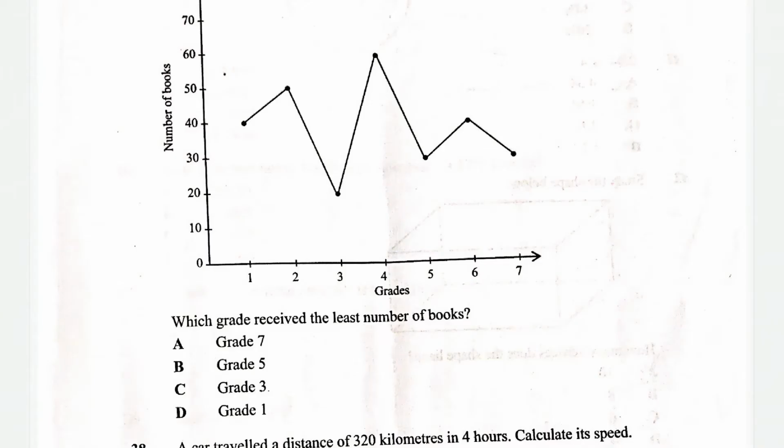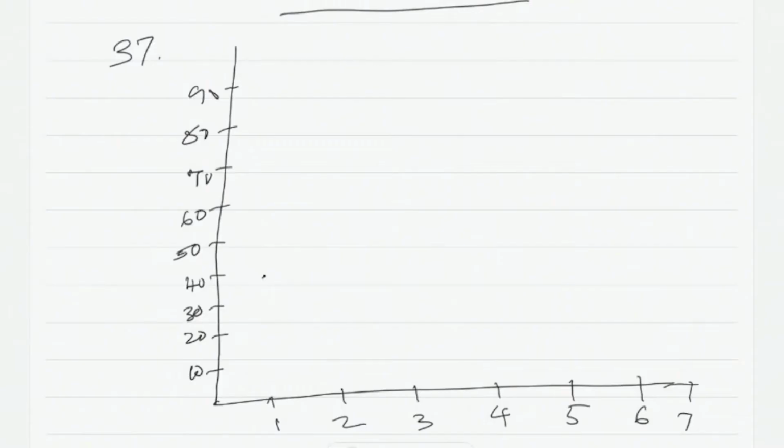So, grades. Then the number of books, 1, 2, 3, 4, 5, 6, 7, 8, 9. That is 10, 20, 30, 40, 50, 60, 70, 80, 90.